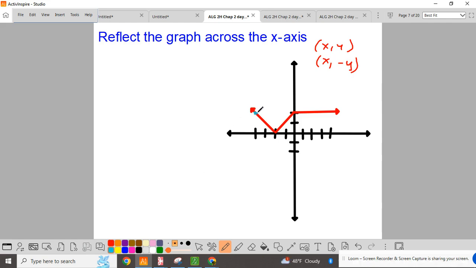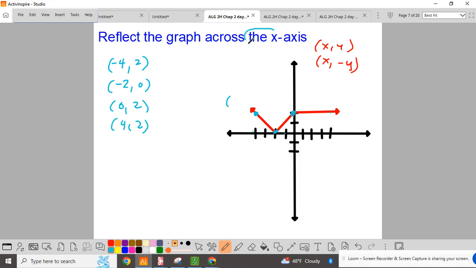Let's say this point here is -4 comma 2. This one here is obviously -2 comma 0. This point here is 0 comma 2, and then let's say I have here 4 comma 2 again.